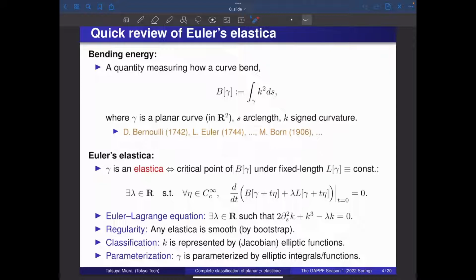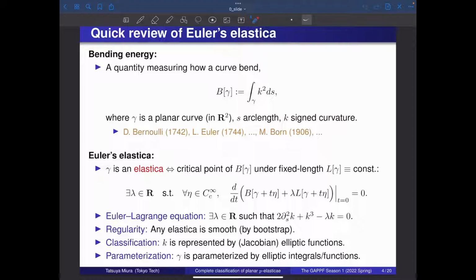And also by using this representation, we can even parameterize the original curve gamma in the Cartesian coordinate system in terms of Jacobi elliptic integrals and functions. So all of them are smooth, in particular, of course. So in this sense, the classical elastica problem has been completely solved.